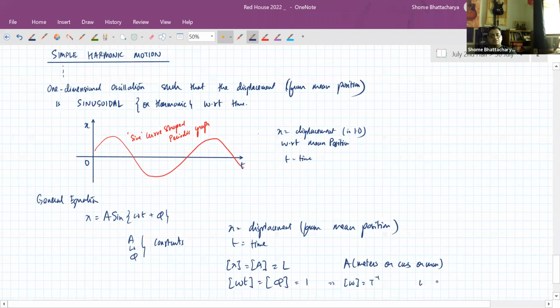So omega is expressed in radians per second or radians per millisecond or whatever. Whereas the phase constant phi is expressed in radians. So these are the units of all three constants, A, omega, and phi. This symbol looks like W, but it is a Greek symbol, omega.